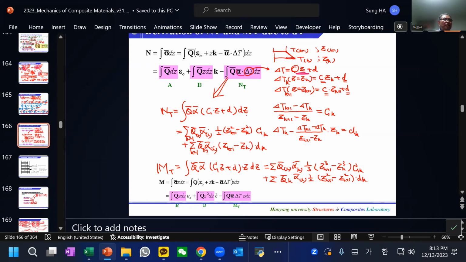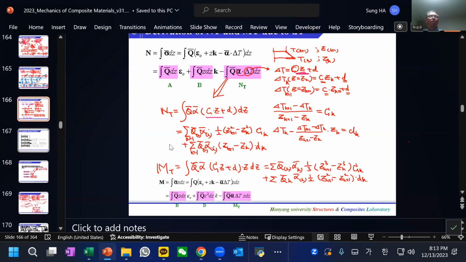See here, linear C and D. C and D are actually the constants we can obtain from the top and bottom temperature specifications. So I don't want to consider all the complications, but just remember that temperature can be linear for a uniform, same ply.